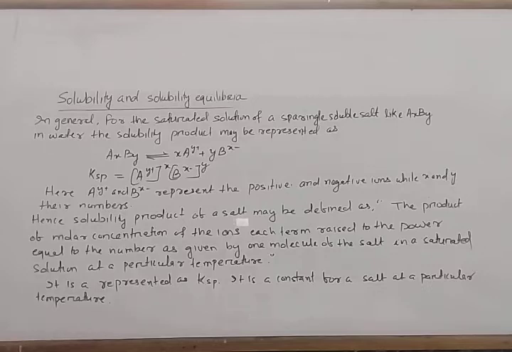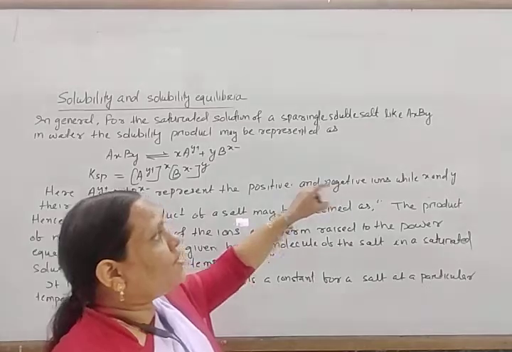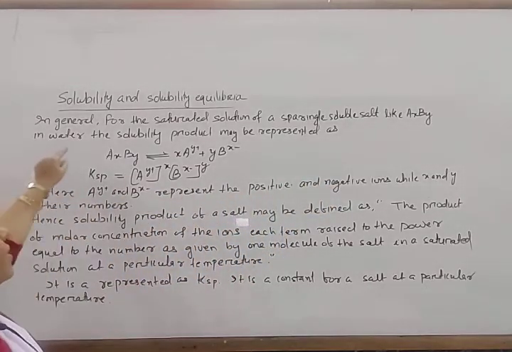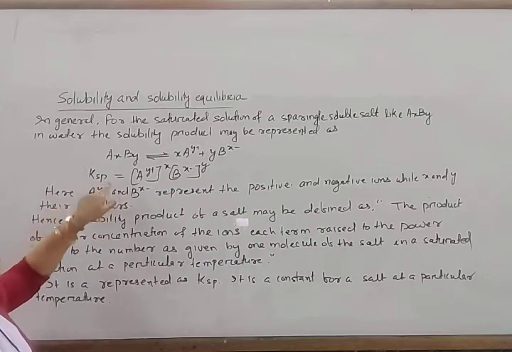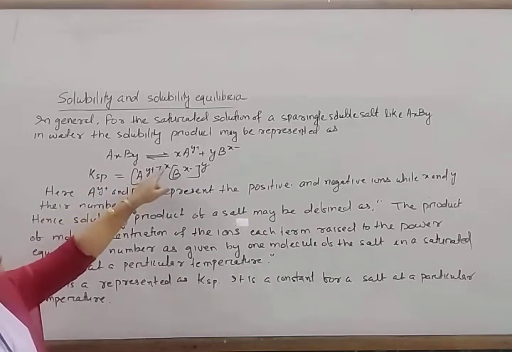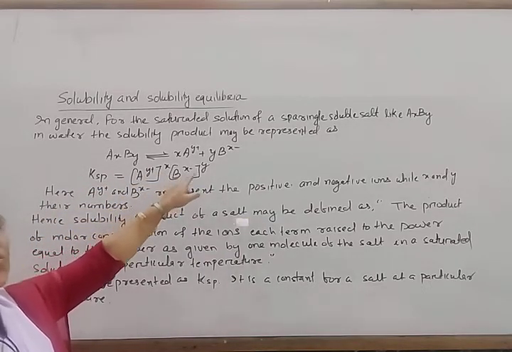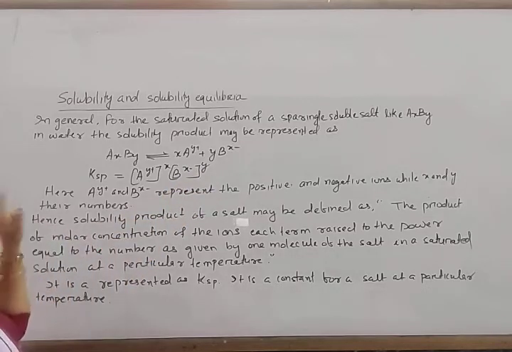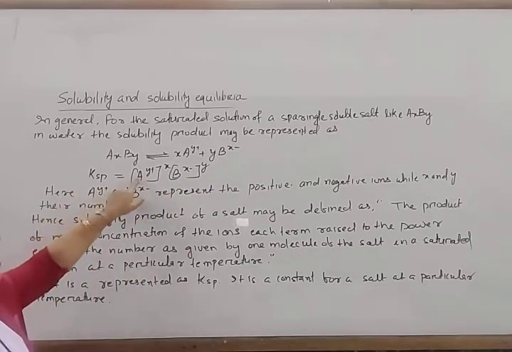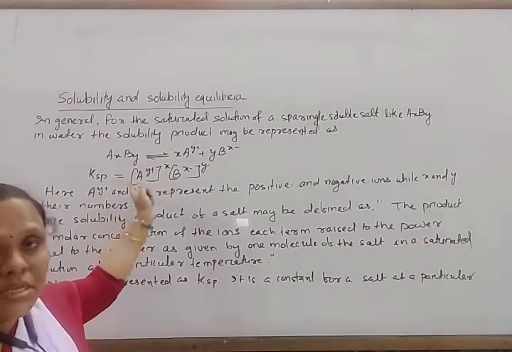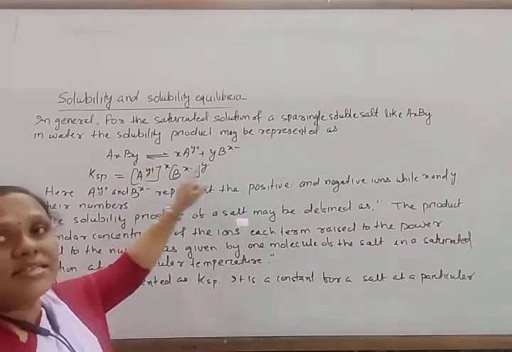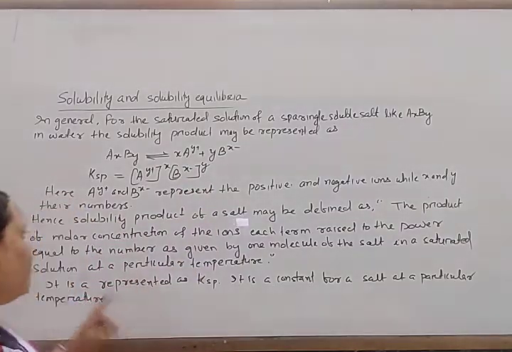In general, for a saturated solution of a sparingly soluble salt like AxBy in water, the solubility product may be represented as Ksp = [A^y+]^x [B^x-]^y, where A^y+ and B^x- are the cations and anions, the positive and negative ions, and x and y are the number of ions.